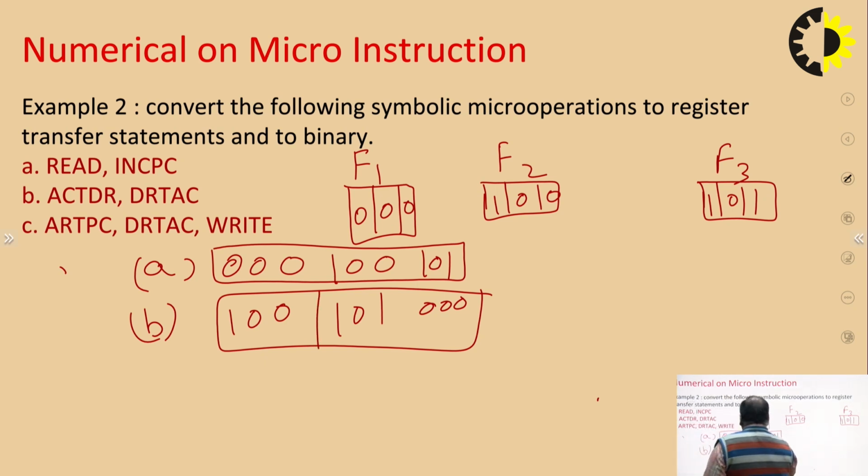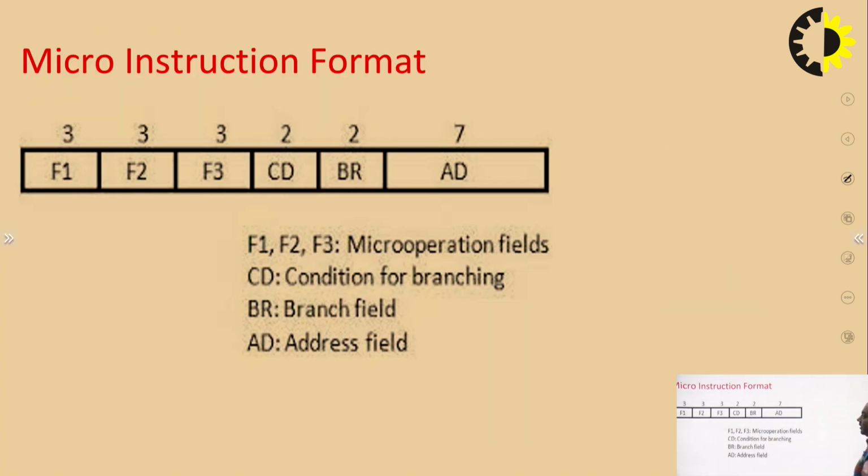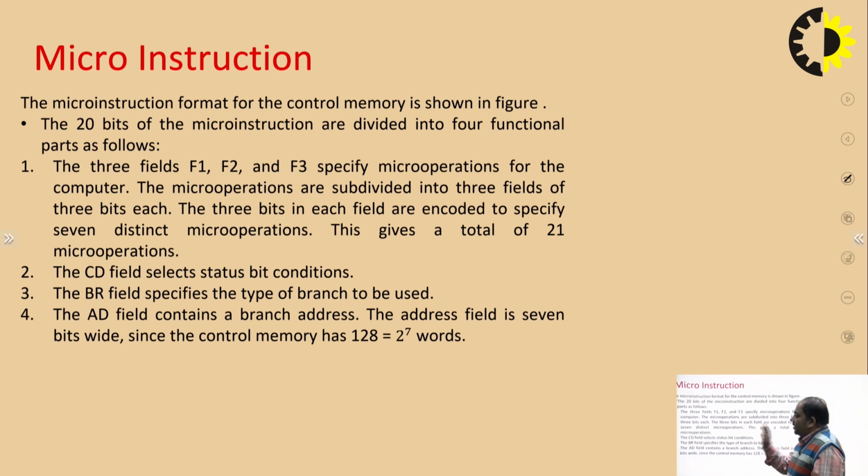Okay. So in this way we convert the micro operations, or the symbols, into binary, and all these symbols create a control word with the operations of 5 fields, which is 14 bits.